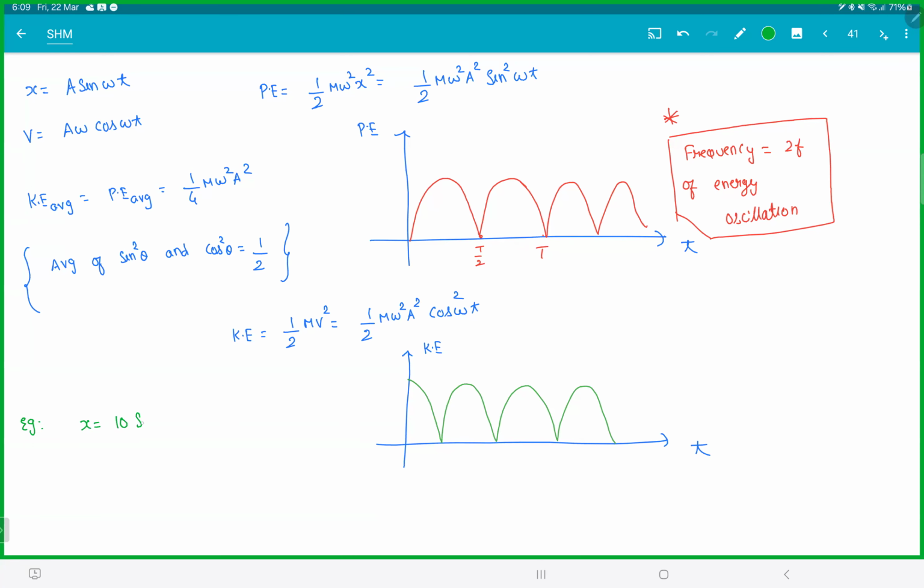Let's say x is equal to 10 sine 10 pi t. So here omega is 10 pi, which is 2 pi f. So f is 5. So energy oscillates with frequency 10. This was a question.